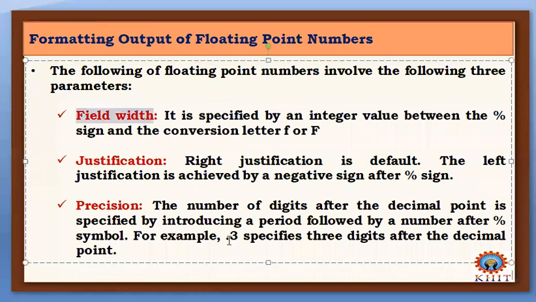And then the precision. Precision is, for example, if you specify .3f, it will specify 3 digits after the decimal point. That is what I have shown in the example, right?